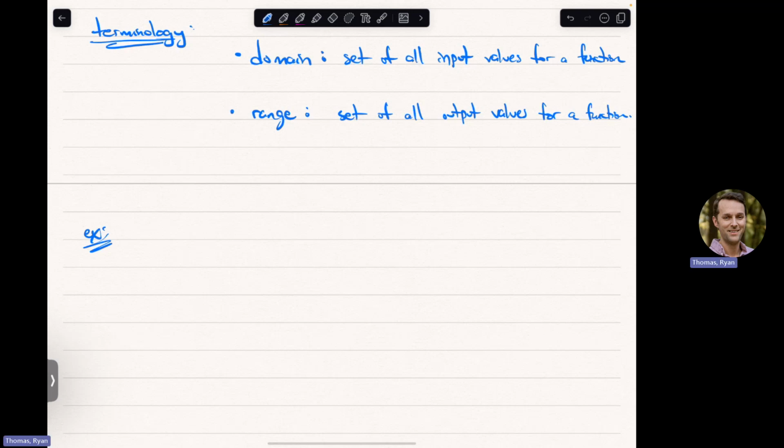I'm going to call a function f of x. This function notation just means that I'm naming the thing f, and the symbol I'm going to use to write it down is an x. So f of x equals x plus 2.